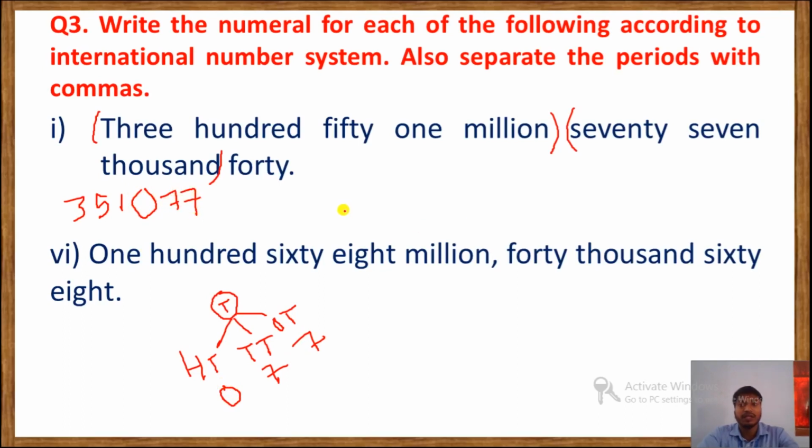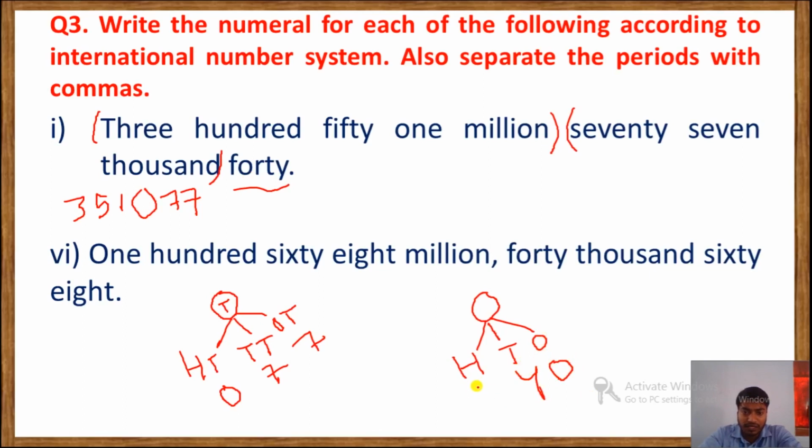Okay, now we have left 40, and this is a part of ones period. You know very well ones period also has 3 places: ones, tens, 100, and here we have 40. How will we write 40? 0 we will write in ones place, 4 we will write in tens place.